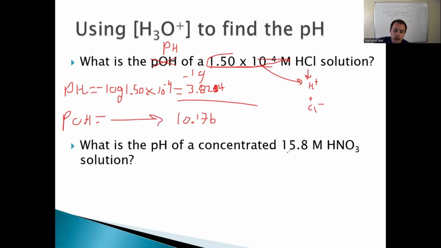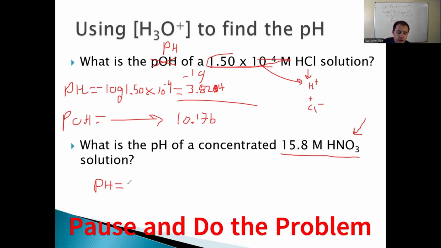Try again. How about this guy? The strongest strong acid. Again, there is another classification of acids called a superacid, but of the 6 strong acids, nitric acid is the craziest because you can make it the most saturated in water. I'd like you to tell me what's the pH of a saturated 15.8 molar nitric acid solution. Go ahead.